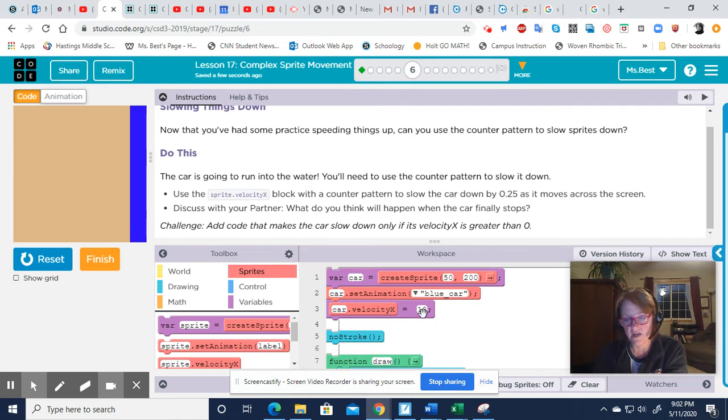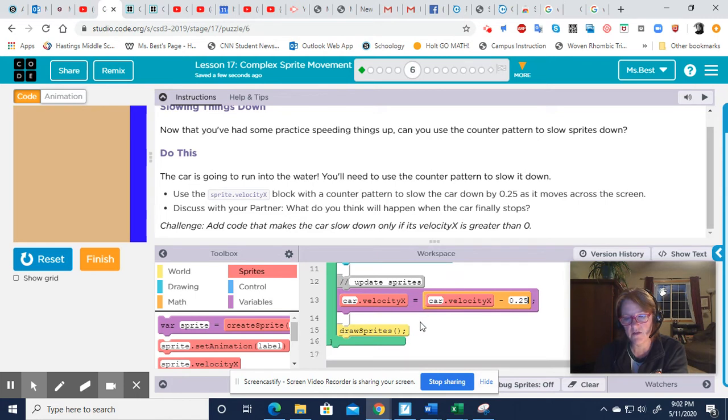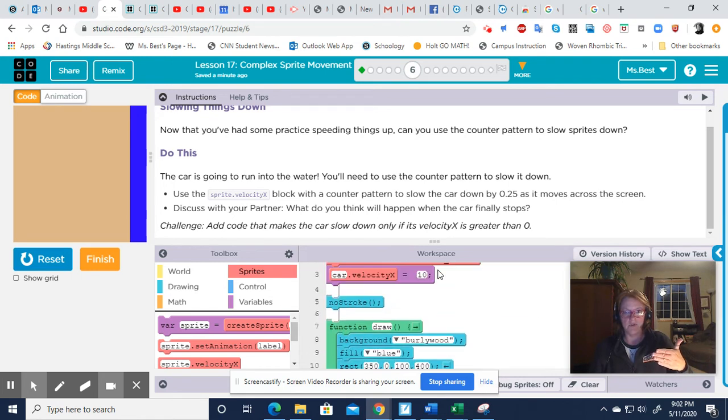Velocity x starts at 10. And here's what happens in the draw loop. Every single time that the draw loop is run, it's slowing down by 25 hundredths. Now, that doesn't sound like much, except that every time the draw loop runs, 30 times a second, then you're really having it slow down about 7.5 per second.